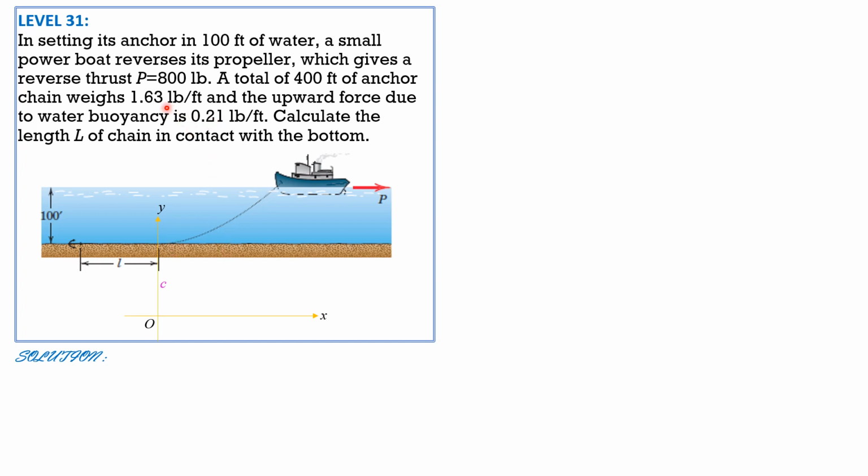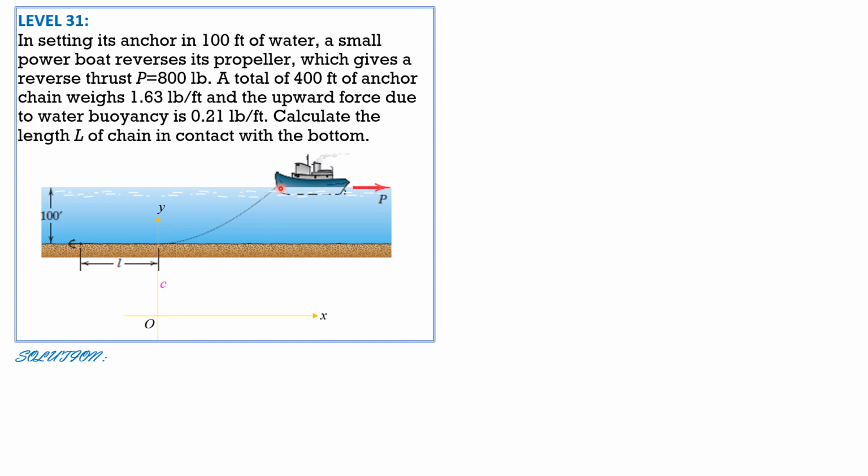So the net uniform weight is 1.63 minus 0.21, and using the formula tension equals W times Y, or H equals W times C, we can solve for C.